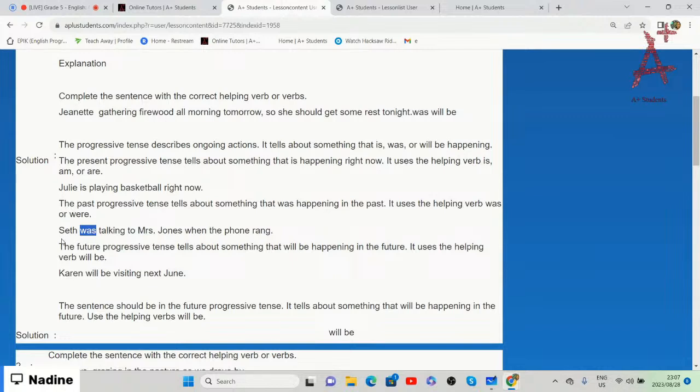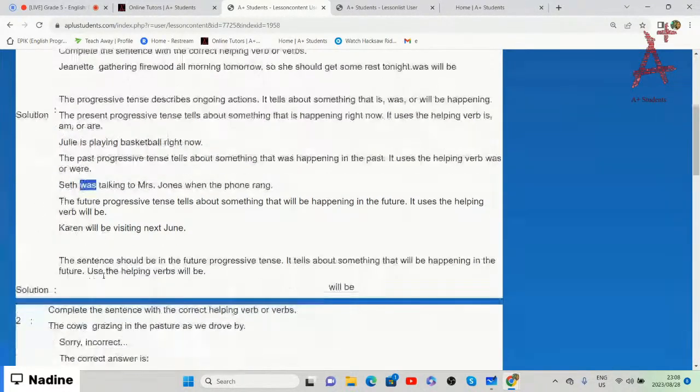So instead of saying Seth was, we would have said Seth and John were talking to Mrs. Jones, because now more than one person is talking to Mrs. Jones. But in this case, singular. And we use the helping verb of the past progressive tense, which is was, to tell us what tense it is.